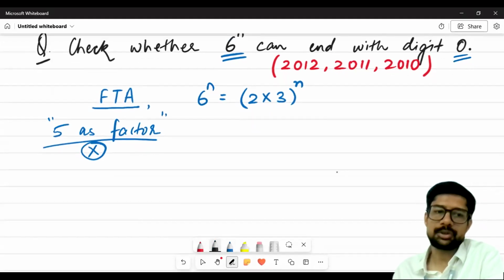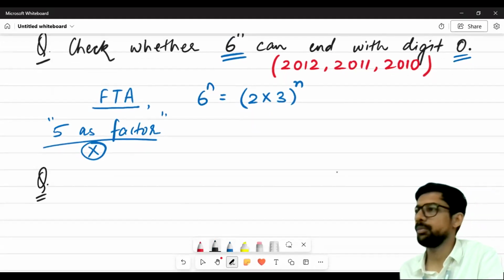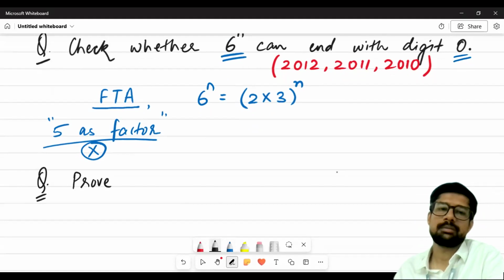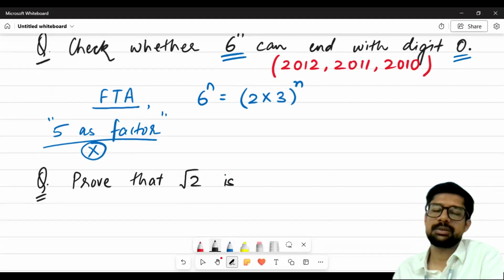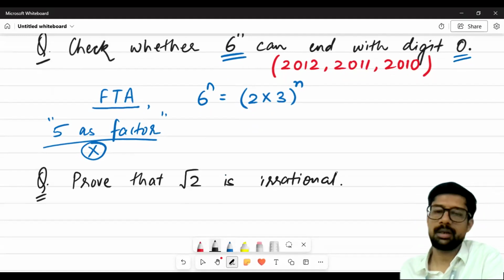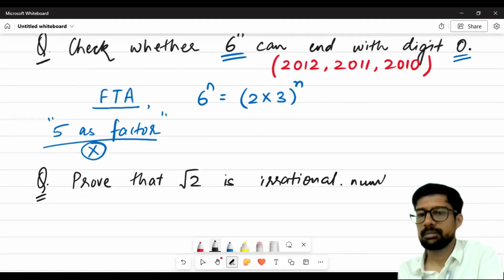Okay. Then a question that I have assured you is going to be there in every board exam, every school exam. And we have talked about this. I'll just include the statement part. Prove that root 2 is irrational. We talked about this day before yesterday, and we had reviewed the complete solution.